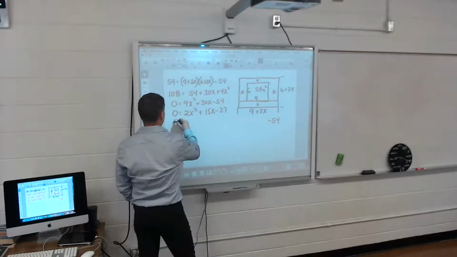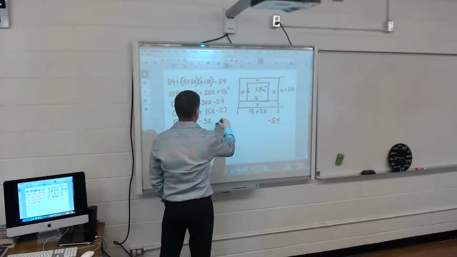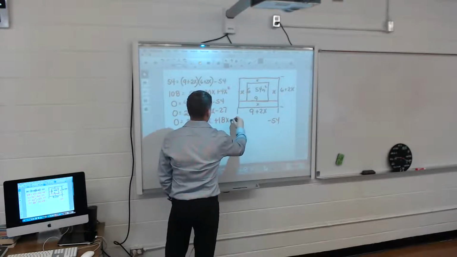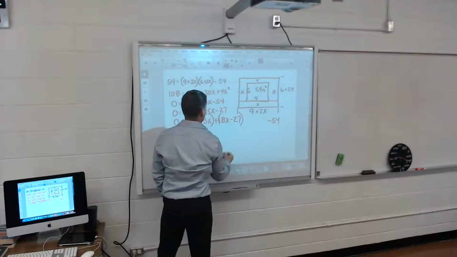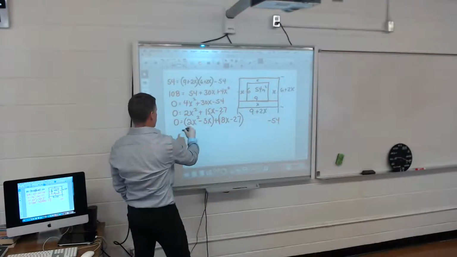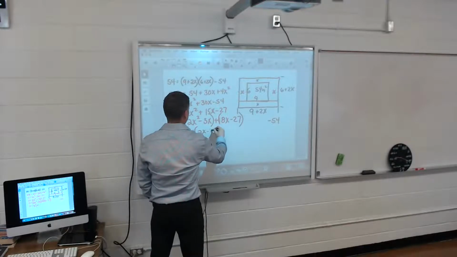Okay. So I've got 0 equals 2x squared plus 15x minus 27, which is 2x squared minus 3x plus 18x minus 27. All right, greatest common factor, 2x minus 3 here.